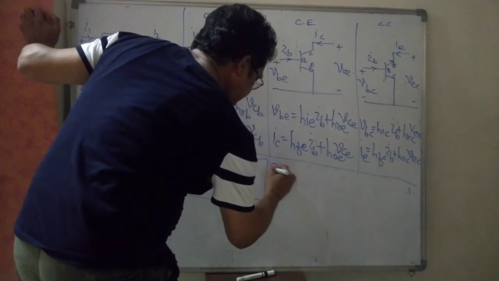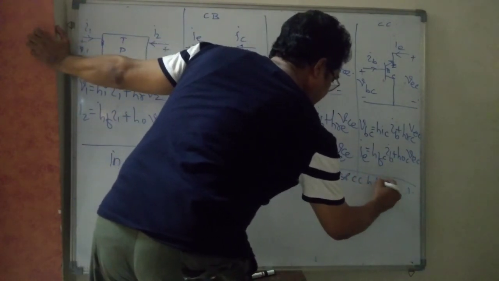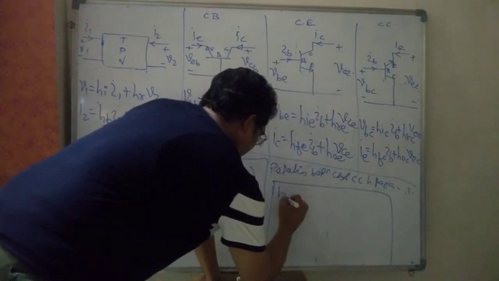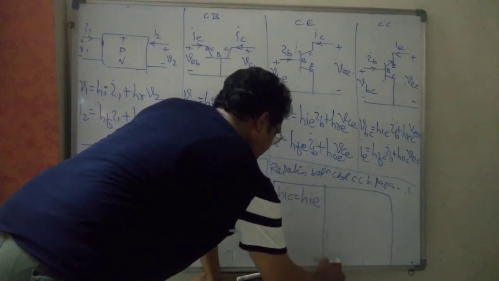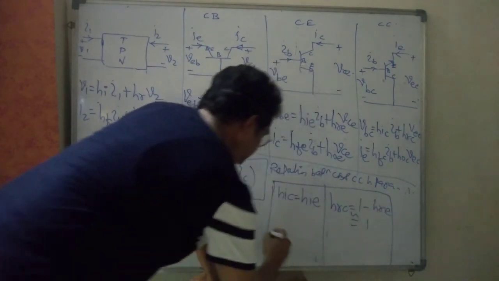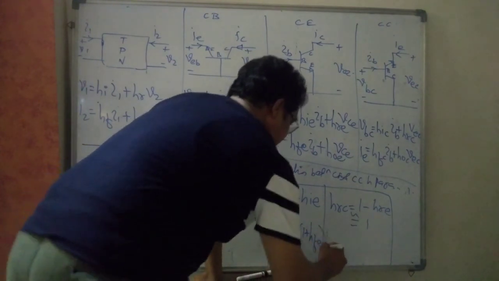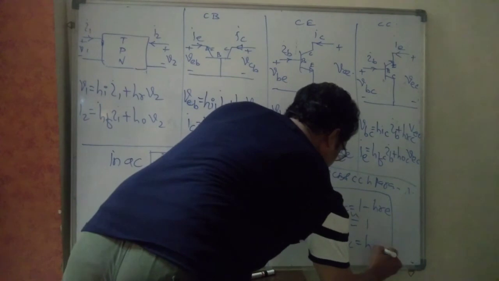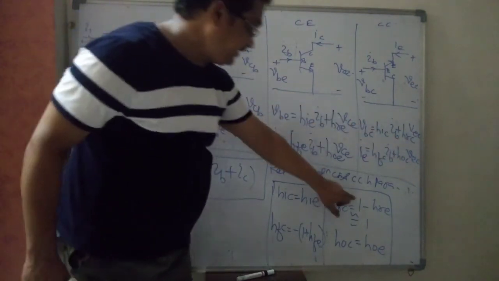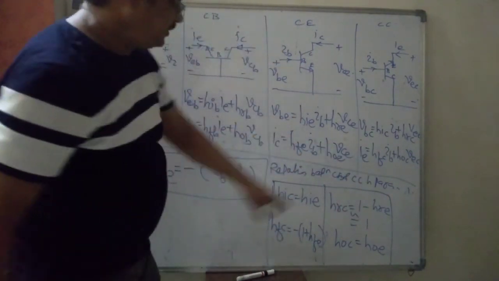So, the relation between CE and CC parameters: hic is equal to hie. hrc is equal to 1 minus hre; hre is negligibly small, so it is approximately 1. hfc is equal to minus of 1 plus hfe, and hoc is equal to hoe.